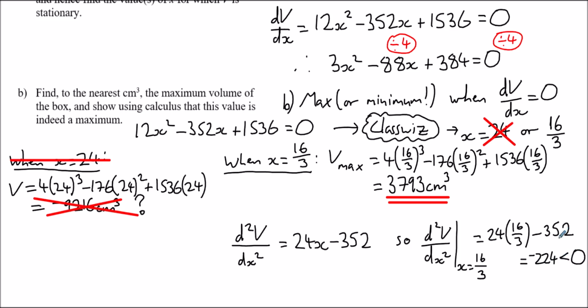If the second derivative is negative, that means the gradient is decreasing. And it's decreasing when it's at or just passing a maximum. So because the second derivative is negative, that shows that therefore v is a maximum when x is 16 over 3.